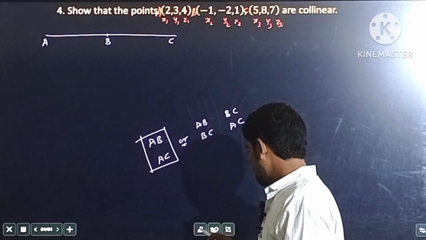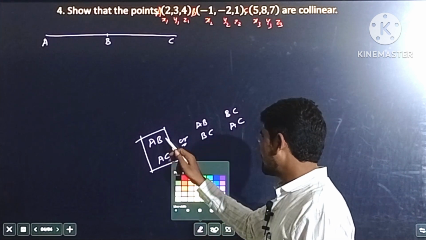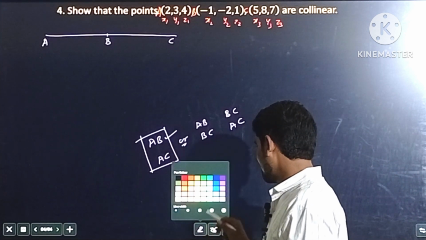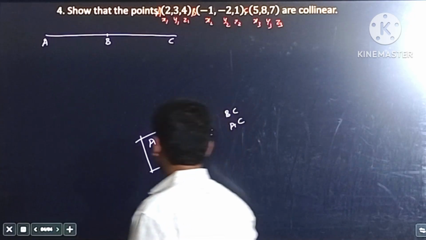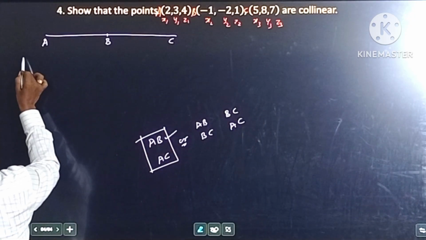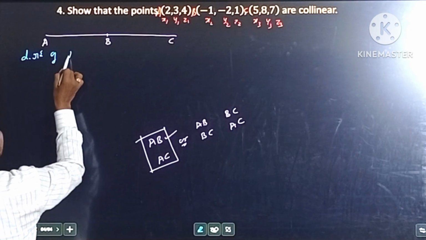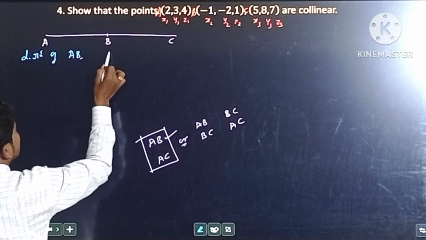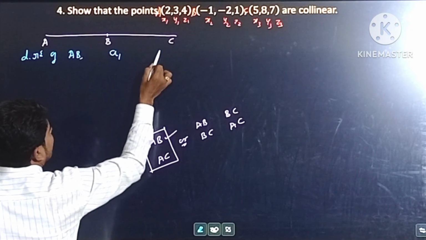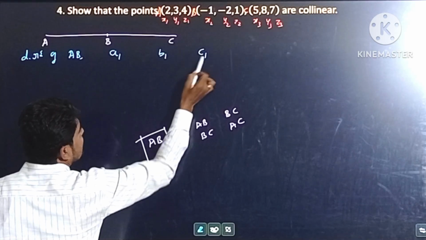And the first case is the first line segment, that is, the direction ratios of segment AB. First we need the direction ratios of the line segment AB. So let's say a1, b1 and c1.